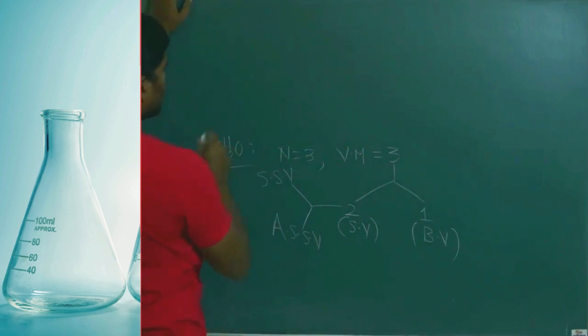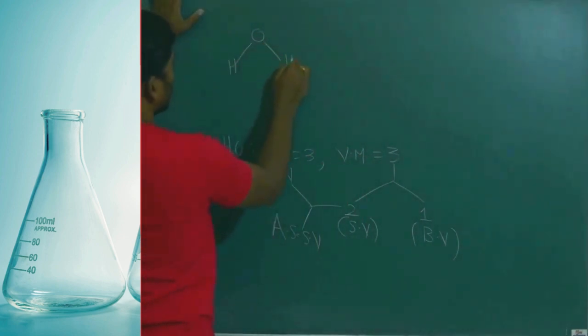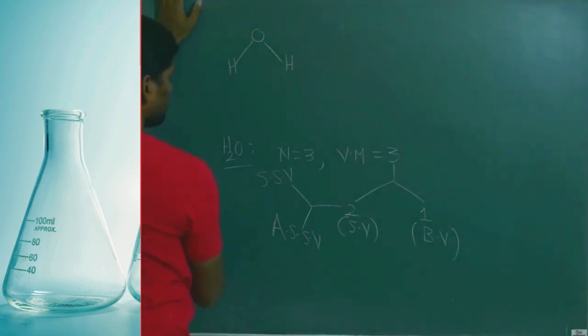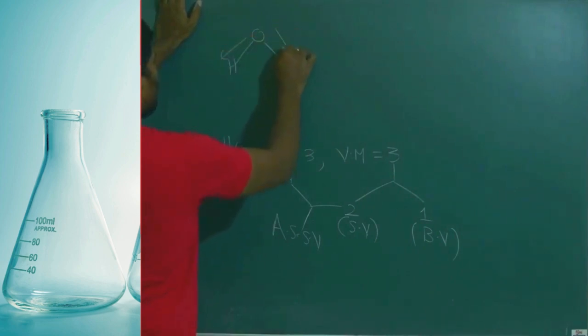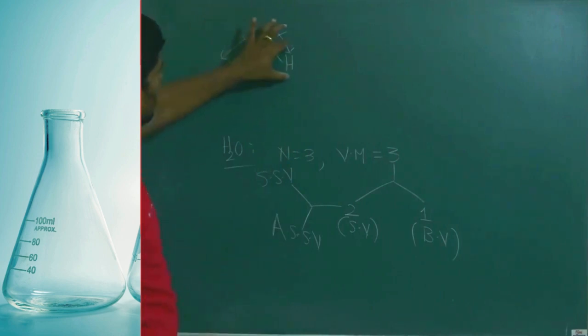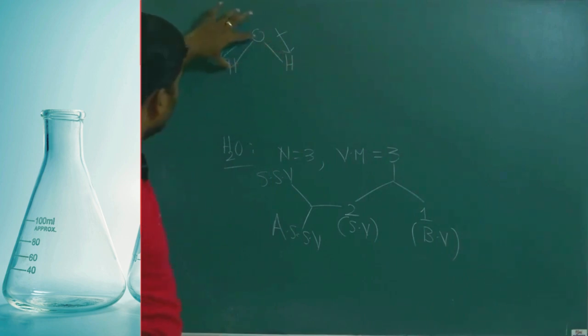For H2O, it is a non-linear molecule. It follows the C2v point group and has a V shape. If these two bonds undergo extension or compression by the same extent, that is called symmetric stretching vibration. Here only the bond length changes and the bond angle doesn't change. The OH bond length changes during vibration.